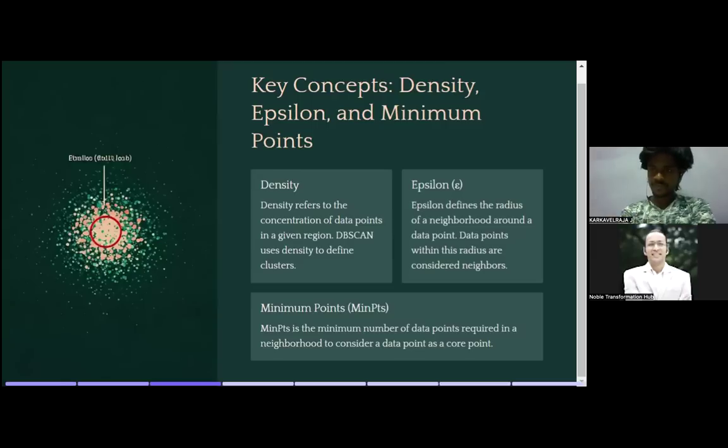The epsilon defines the radius of the neighborhood around a data point. Data points within the radius are considered neighbors. So there is always a radius. Even if you study astronomy, you will see we have segmented north, south, east, west, this galaxy, that galaxy, this star, that star, because we want to understand them.